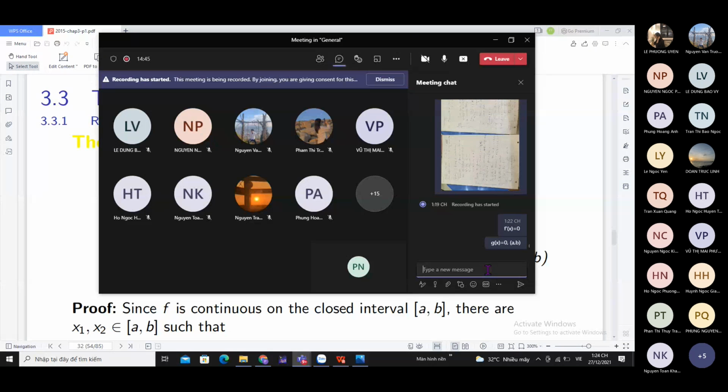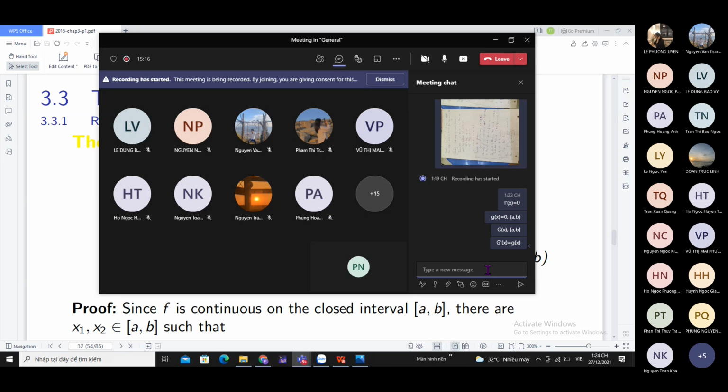How to prove it? Normally, we consider a function, let's say capital G of x on the closed interval [a,b], and the derivative of the function capital G with respect to x equals small g of x for any x of the open interval (a,b).